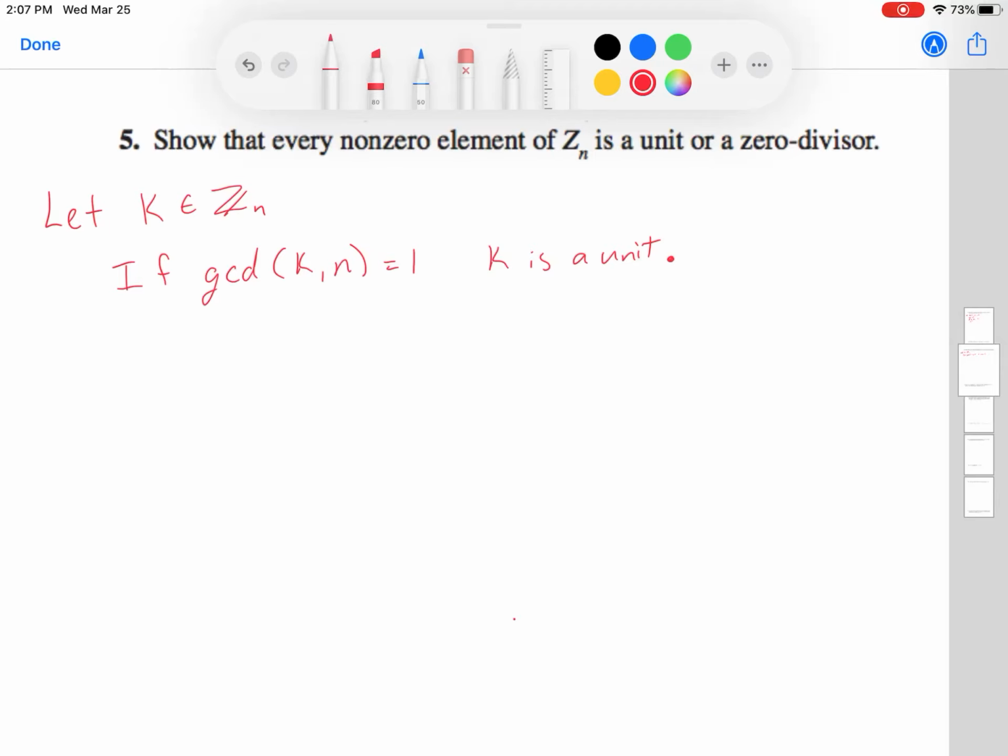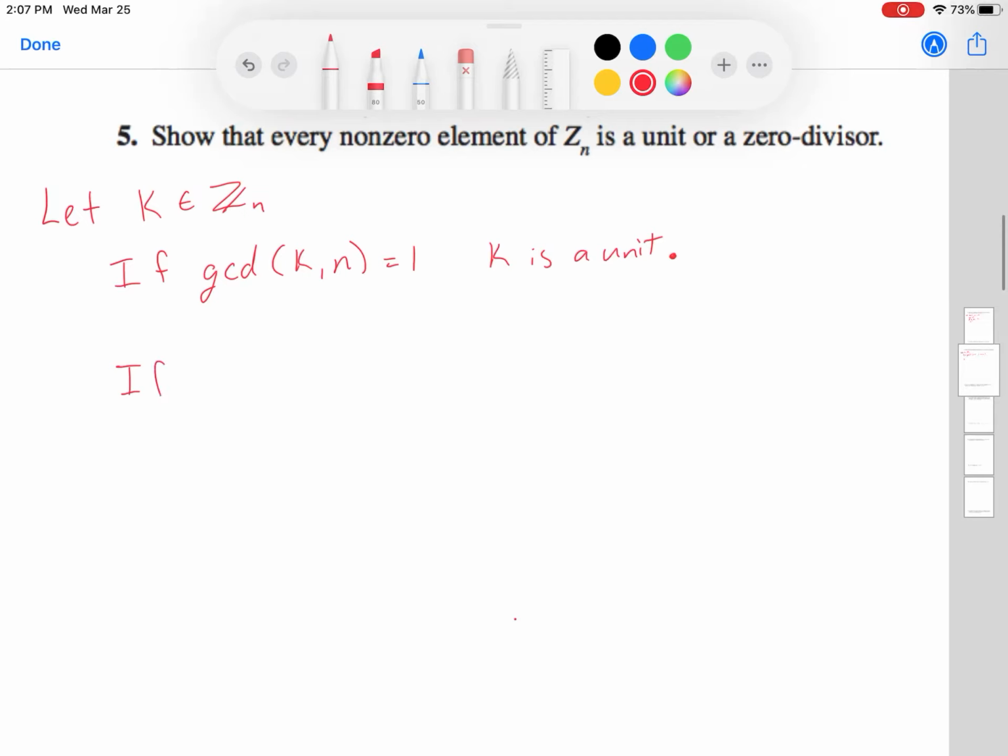Now let's see our case when we get k to be a zero divisor. So either our greatest common divisor is 1 or it's not 1, and it would have to be greater than 1. So our second case is if the greatest common divisor of k and n is equal to d, which is greater than 1. If that's the case, then we could say that k is equal to sd.